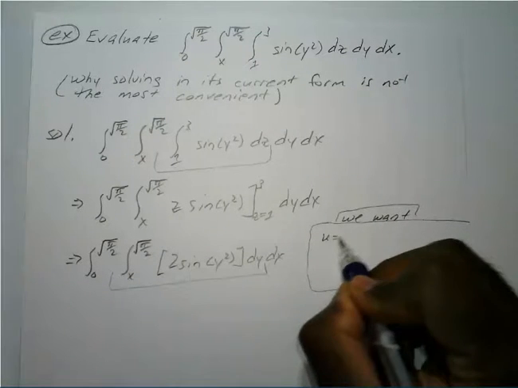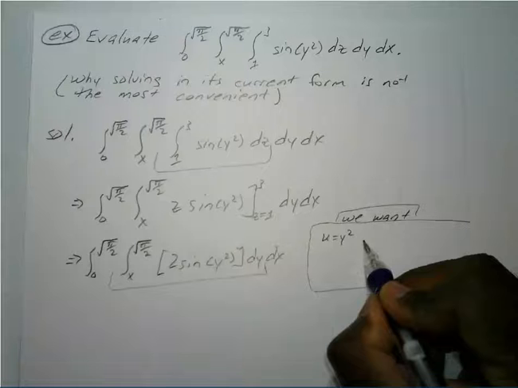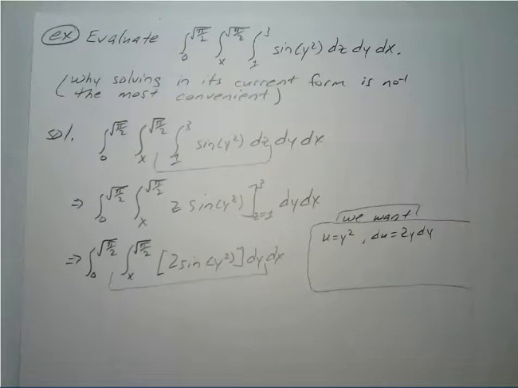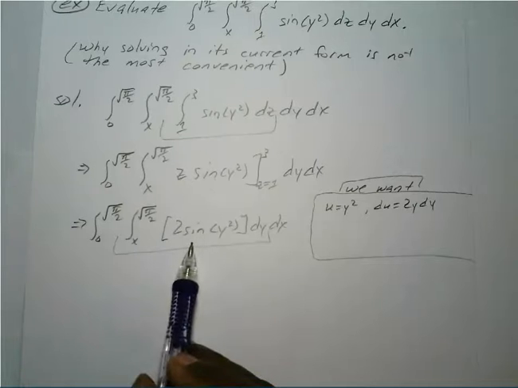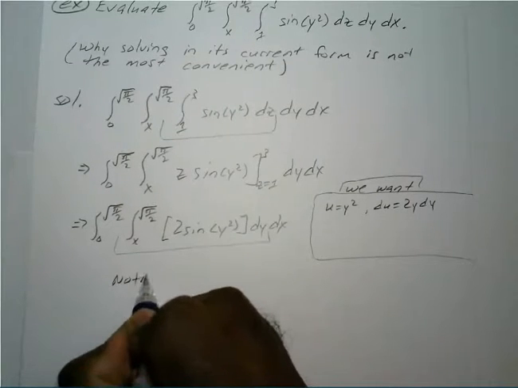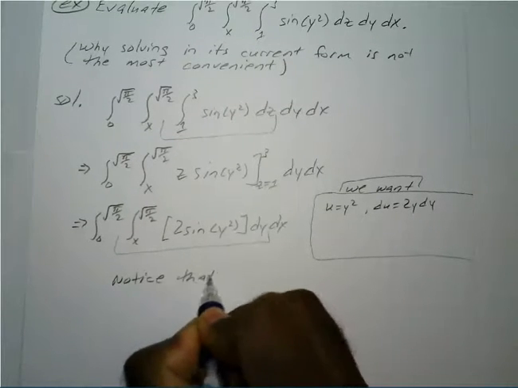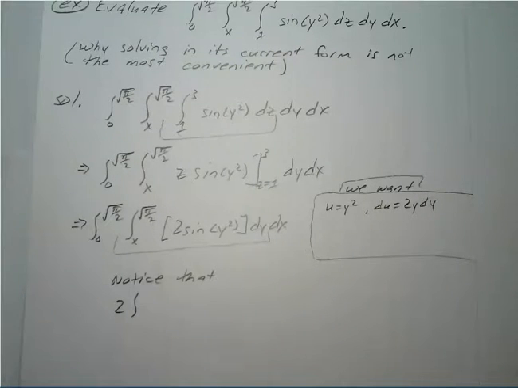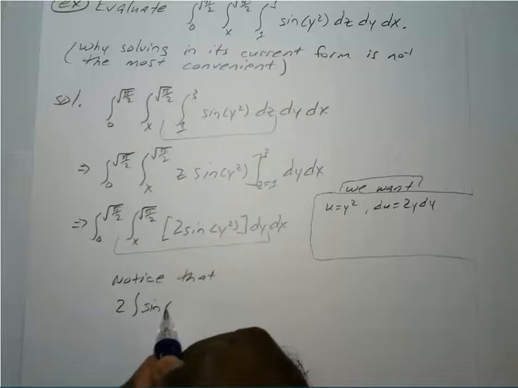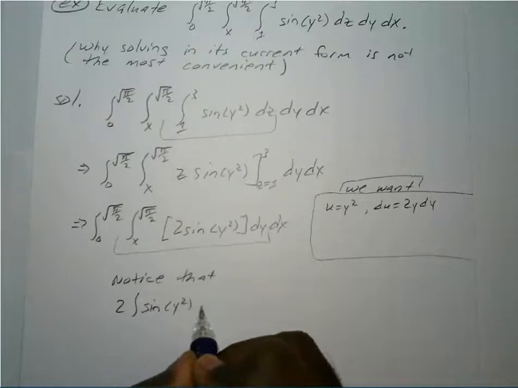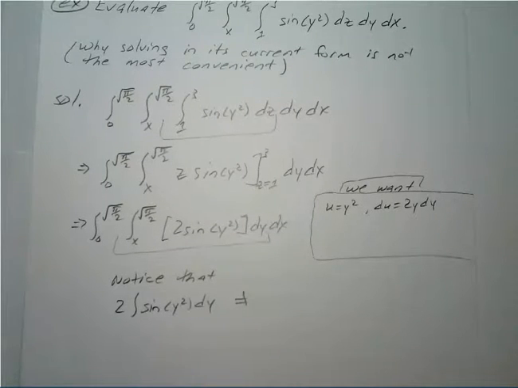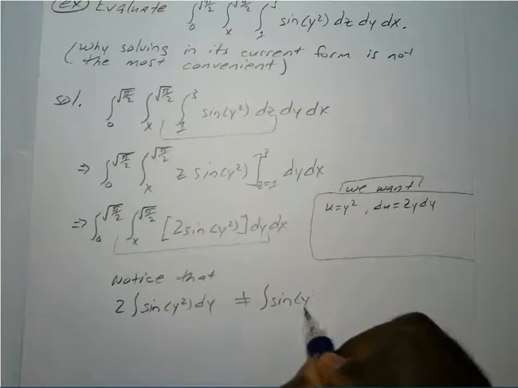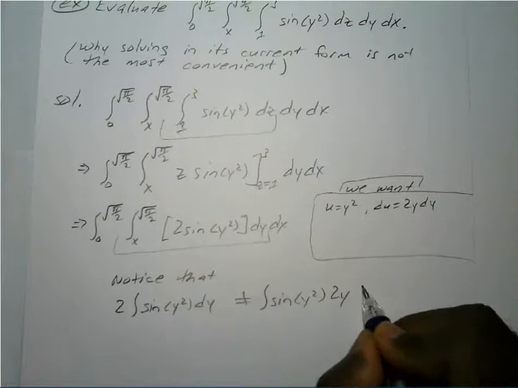Because what we want is if we make u equals y squared, for our du to equal 2y dy. Okay, so if you notice here, that 2 times the integral, I'm not going to worry about putting those down, of sine y squared dy is not equal to the integral of sine y squared 2y dy.